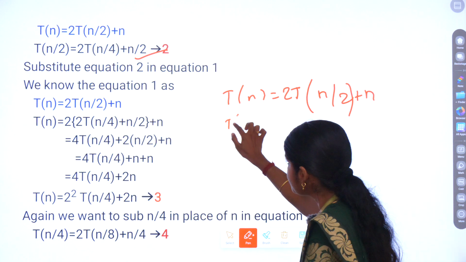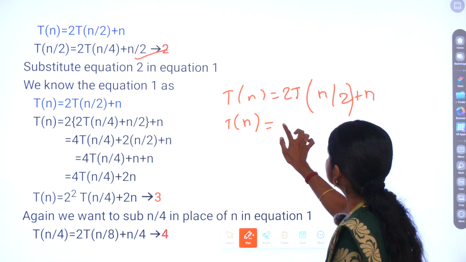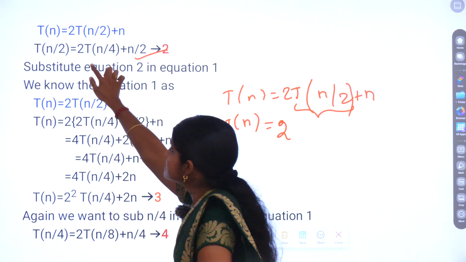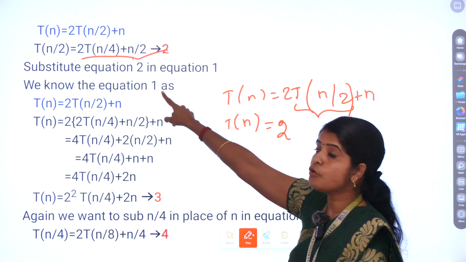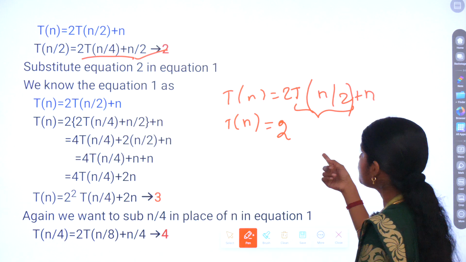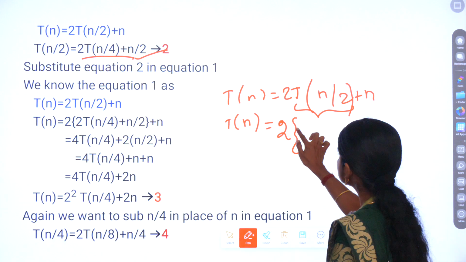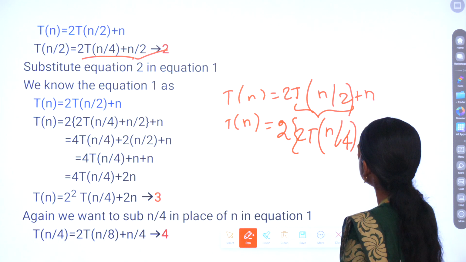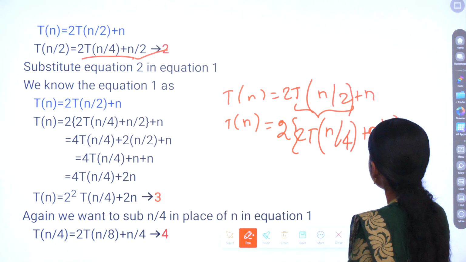So T of n is equal to 2. T of n by 2 is nothing but this equation 2T of n by 4 plus n by 2. So we want to apply here 2T of n by 4 plus n by 2 and this n.